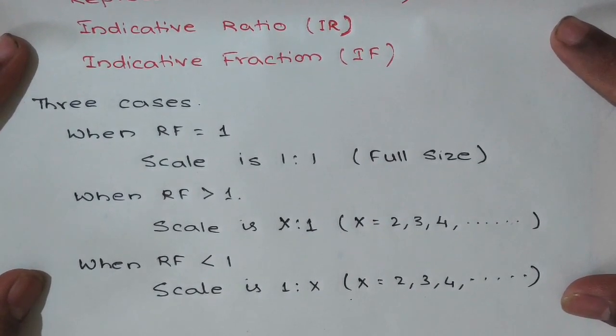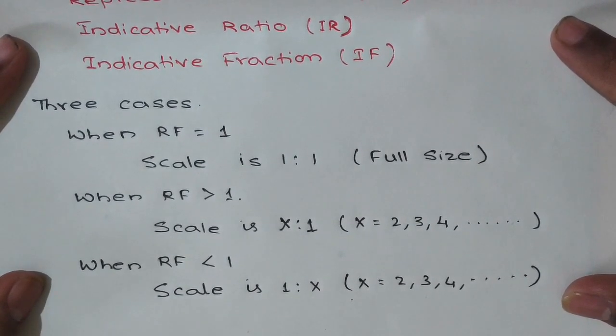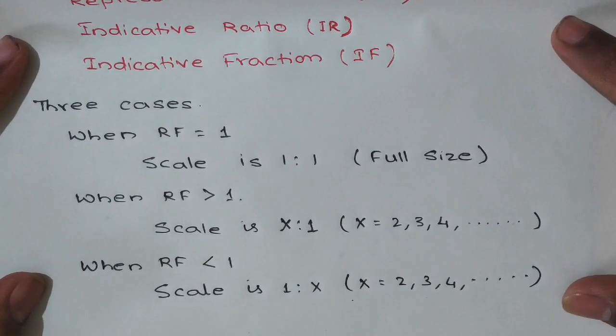If this fraction is less than 1, then your drawing will be in the ratio 1:x, where x is 2, 3, 4, etc. That is, your drawing will be in the ratio 1:2 or 1:3, 1:4, so on.